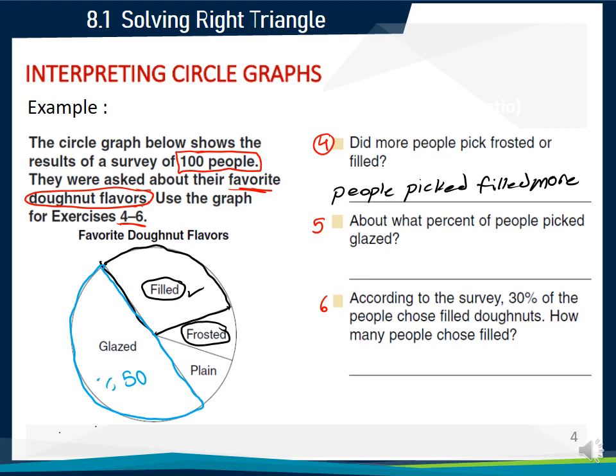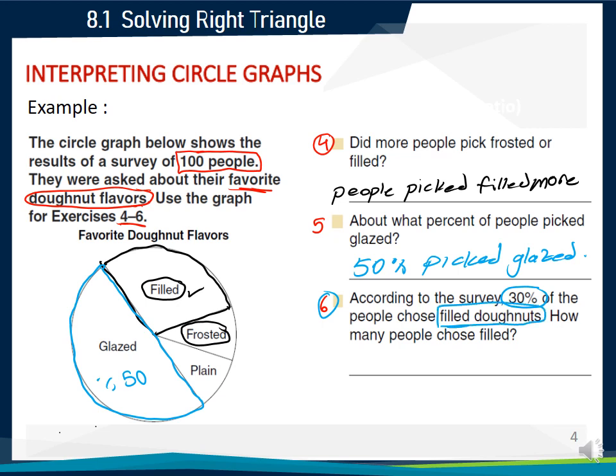So we have 50% pick glazed. Question 6 is, according to the survey, 30% of the people choose filled donuts.